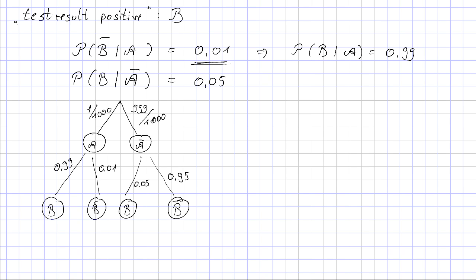Okay, now, what was it? I said the test result is positive, so that means we are either here or here. And we would like to figure out, is it A or A not? So we are asking for the probability we are carrying disease given our test was positive.